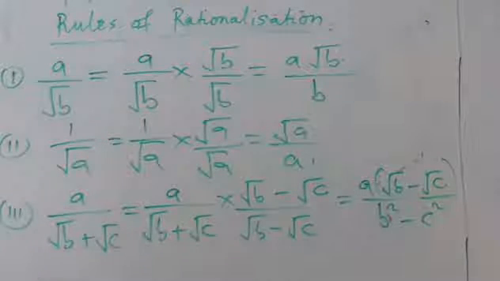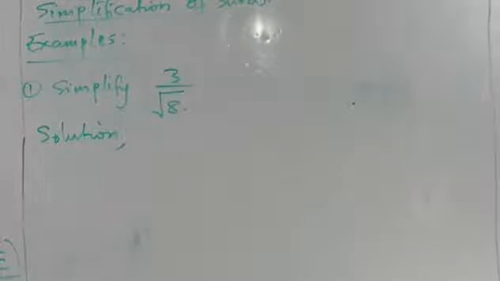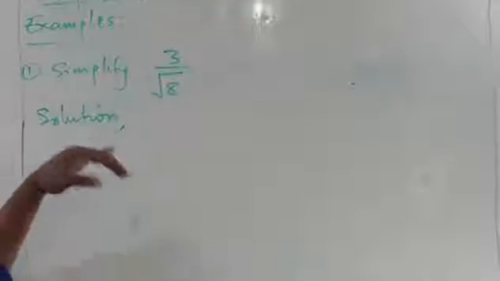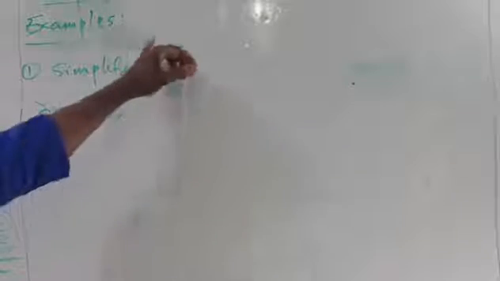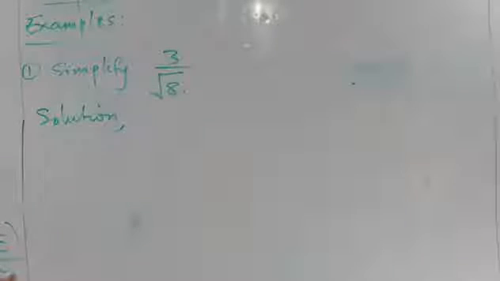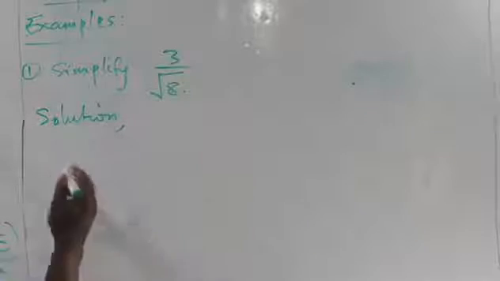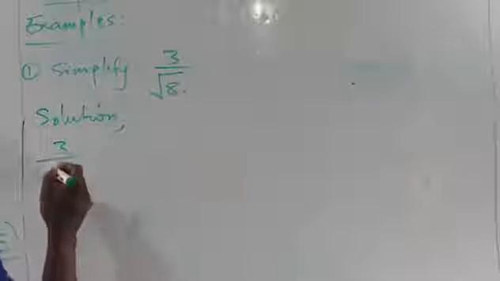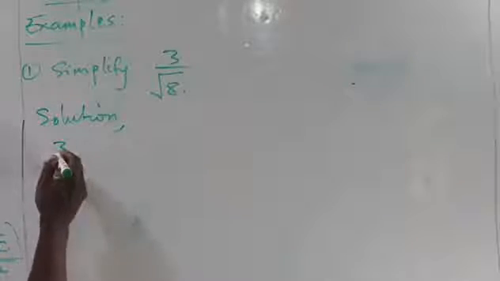So let's move to simplification of surds now, under rationalization. The first example is: simplify 3 all over root 8. This type of question is improper under surds because we have a surd as our denominator. To simplify this, we are going to rationalize, but we can as well simplify before we rationalize.